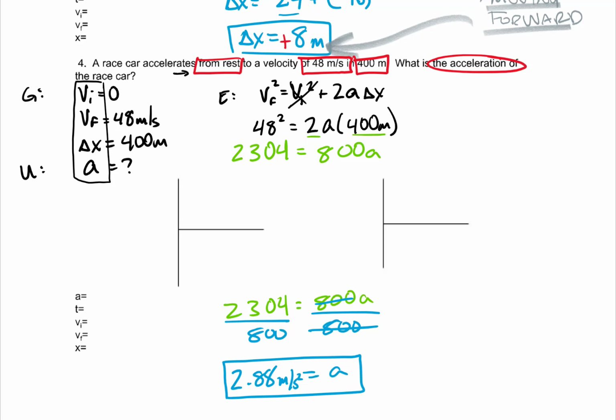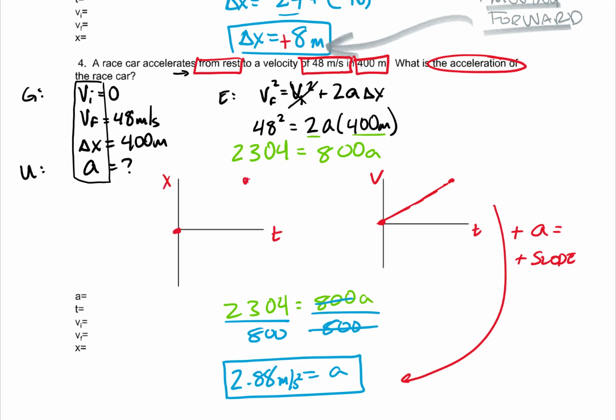Now let's think through our graphs. We have velocity and time. And my velocity starts off at 0 and it goes to 48. So I have a positive slope here, which makes sense because I have a positive acceleration. Positive acceleration equals positive slope. Now, for position versus time, I'm going to start here and we're going to move forward.